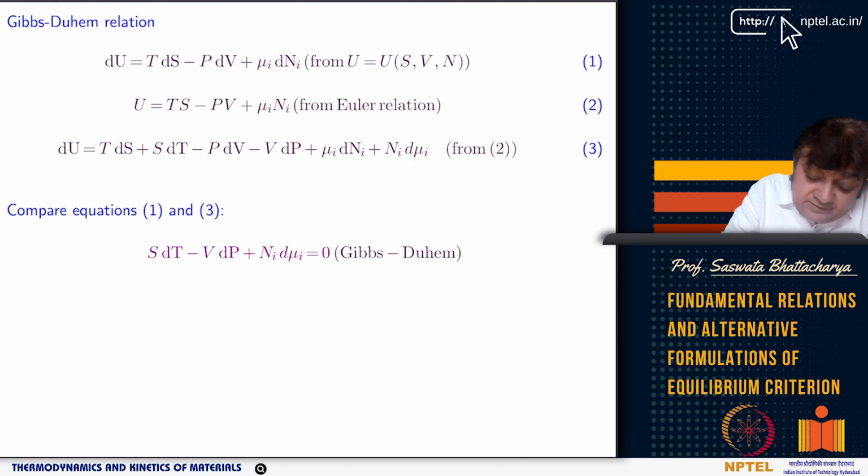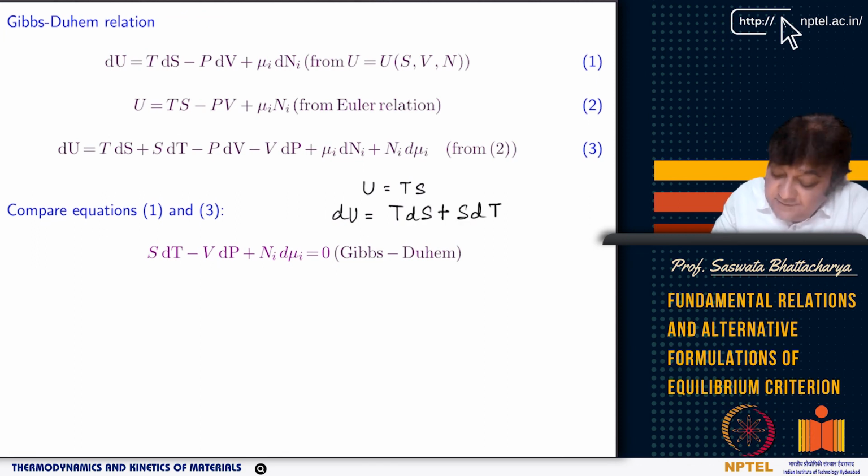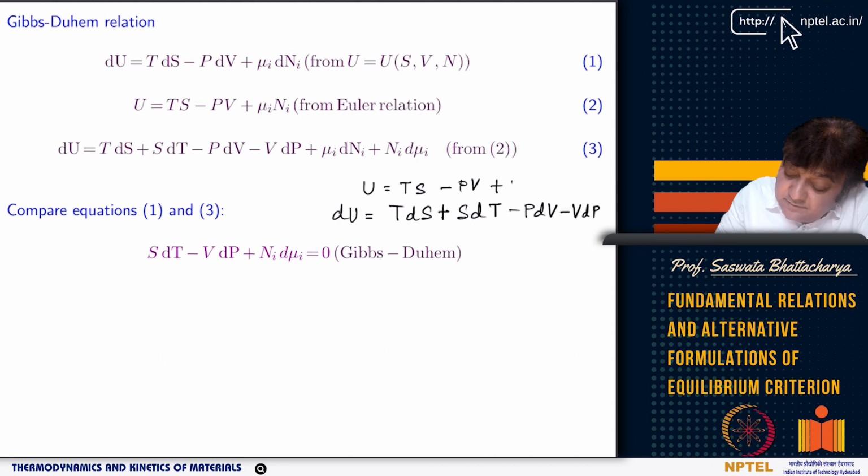Because, for example, if I write u equals ts, then du equals tds plus sdt, right? Similarly, minus pv, if I have two variables, P and v, this becomes minus pdv minus vdp. Then again I have mu i ni, and mu i and ni are repeating, and we are summing over i from 1 to r.